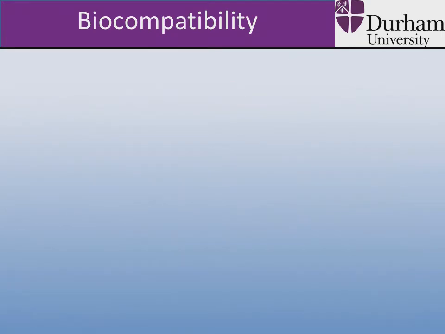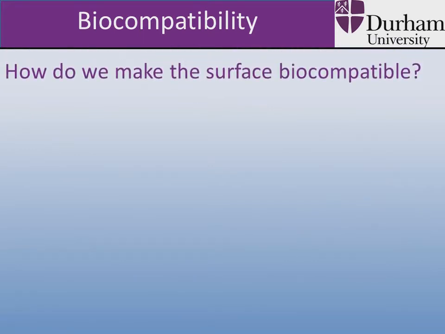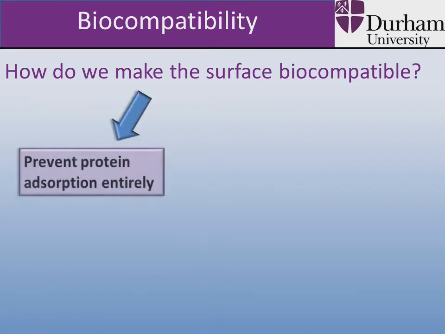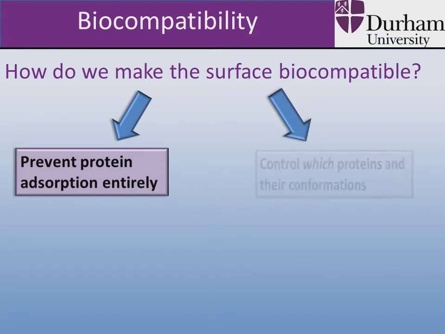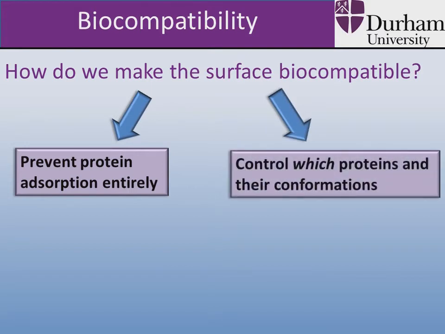So how can we modify the surface of a material to alter protein adsorption? For biocompatible surfaces, the objective is to either prevent protein adsorption onto the surface entirely, or to control which proteins adsorb and their adsorption conformation.